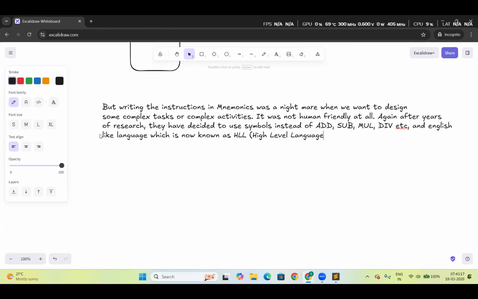Now this is the terminology you might have heard most of the times. In order to avoid the challenges that mnemonics give you, we go for the HLL called high level language. HLL can also be known as high level programming language.